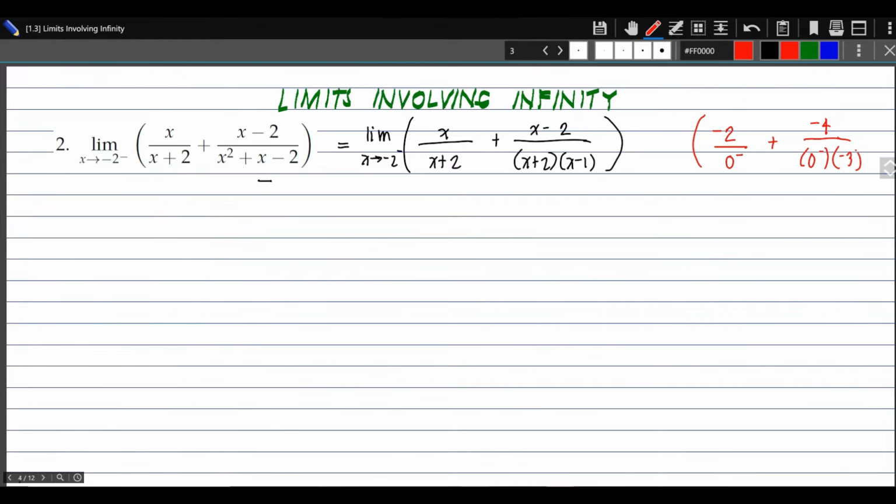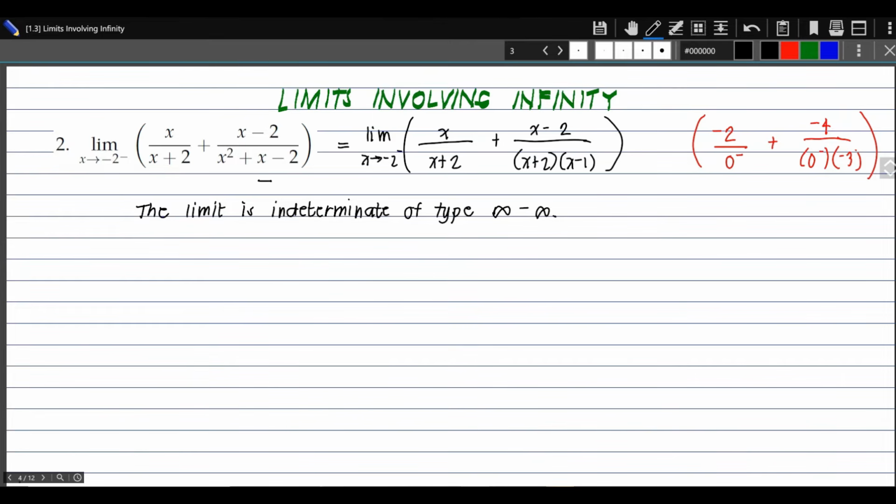So the limit of the first term is positive infinity, and the limit of the second term is negative infinity. This means that the limit is indeterminate of type infinity minus infinity. So we have to rewrite this in a form that will allow us to determine its limit.